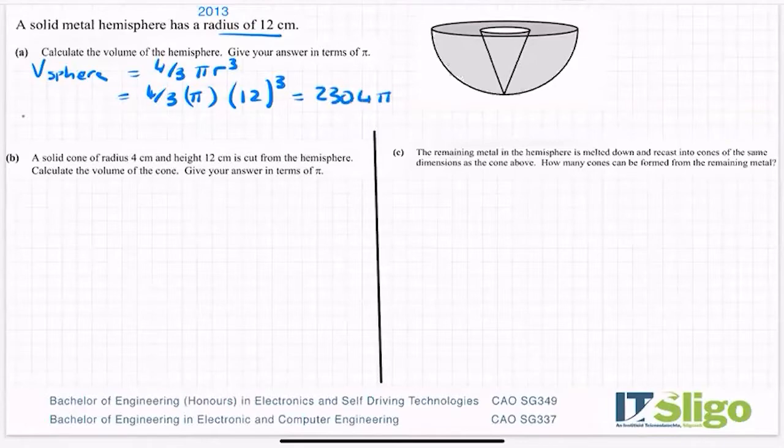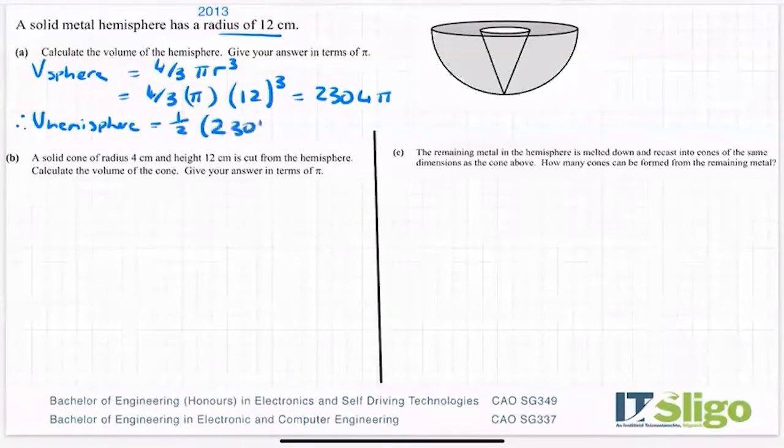Therefore the volume of a hemisphere is equal to half of 2304 pi. In my calculator, I'm just leaving the answer there and hitting divide by 2, and it's 1152 pi centimeters cubed. And of course it's cubed because it's a 3D shape. So that's how you find the volume of a hemisphere.